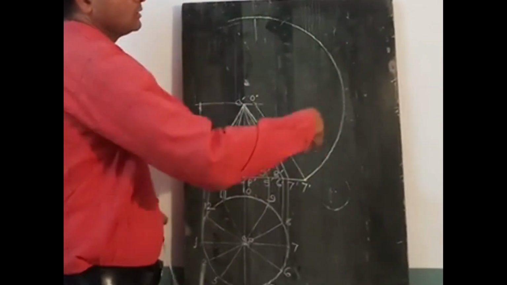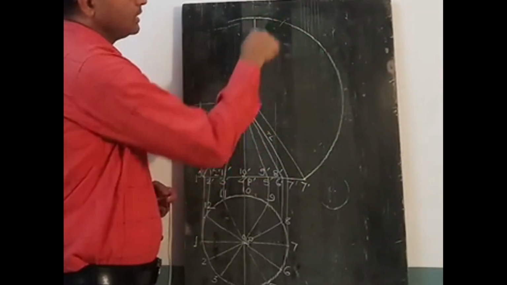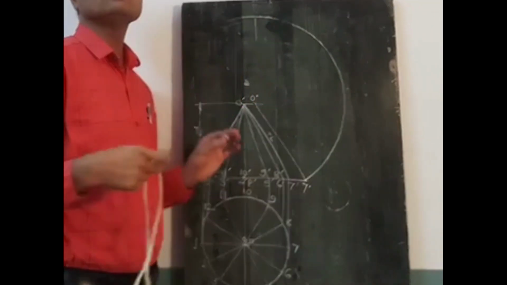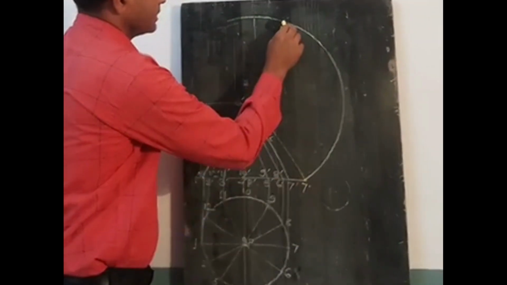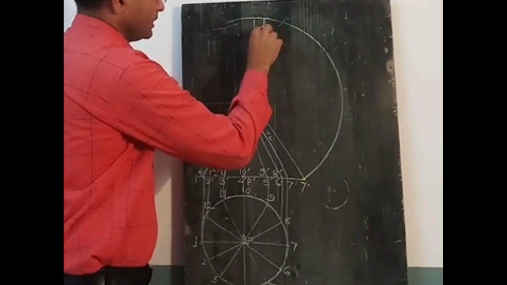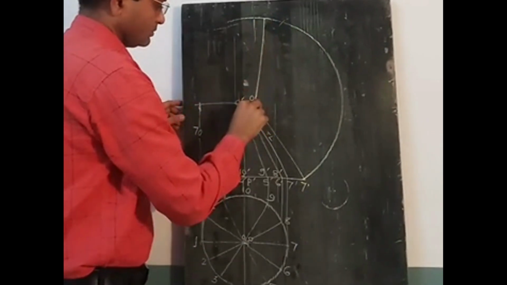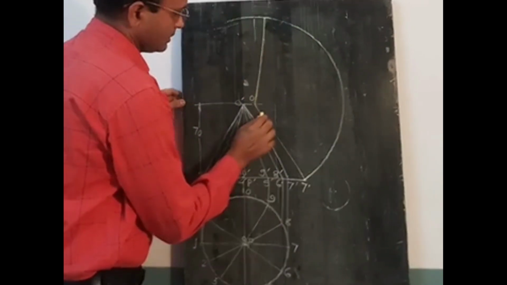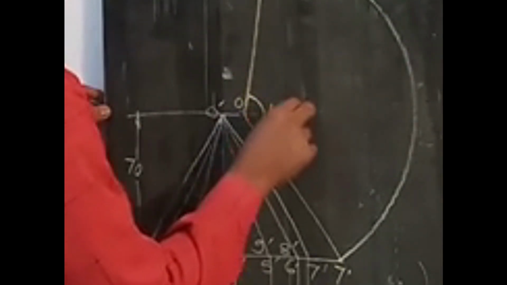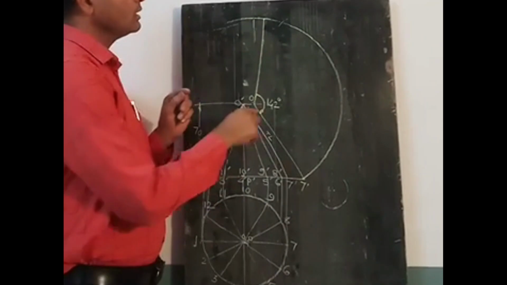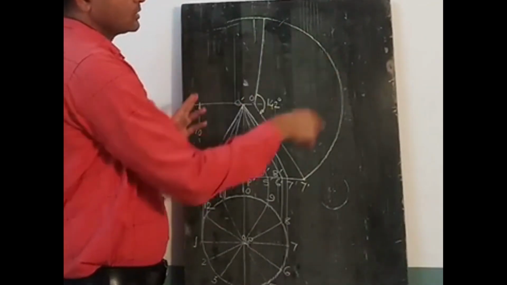So this is one arc drawn, and the angle theta of this sector of circle is 142 degrees. If we draw it to scale, you will get something like this. So this angle is 142 degrees.